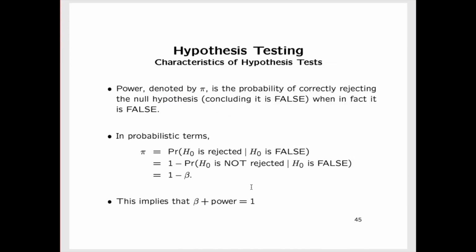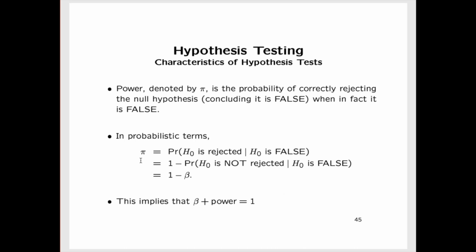Now, the reality is that both power and beta are functions of several quantities. They are functions of the true value or values of the parameter or parameters that we're testing hypotheses about. They also depend on the significance level used, the alpha value used. They depend on the sample size. They depend on the variability that exists in the population or populations.